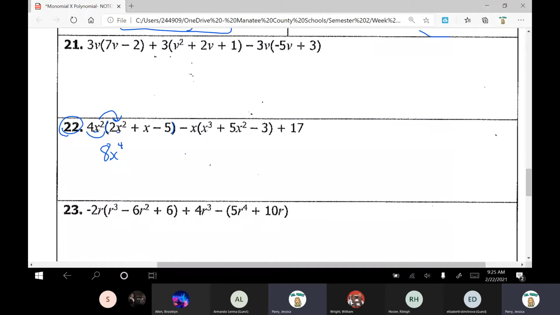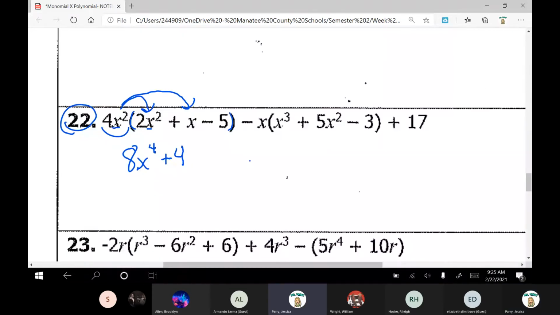So that first jump's done. Going on to our next one. 4x squared times positive x. Multiply the coefficients, the numbers. 4 times invisible 1 is positive 4. And then our variables. Here's my variable x. Exponent of 2 plus invisible 1 is 3.